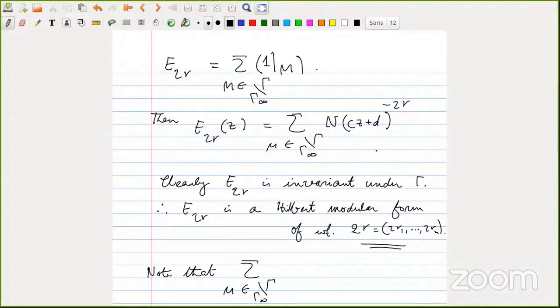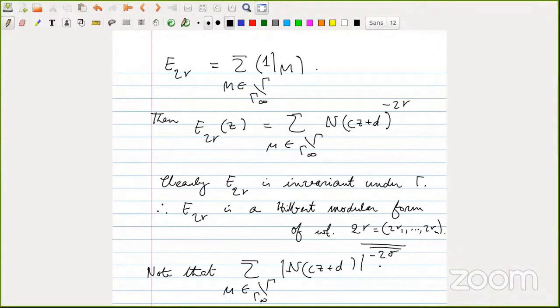I'm going to get the real part, so it will be the norm of cz plus d to the power of minus 2 times sigma.